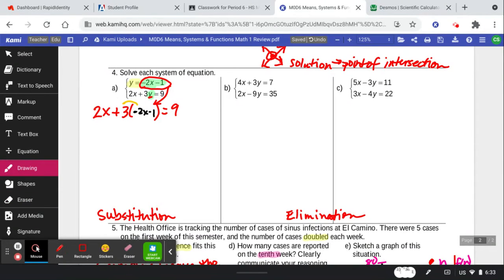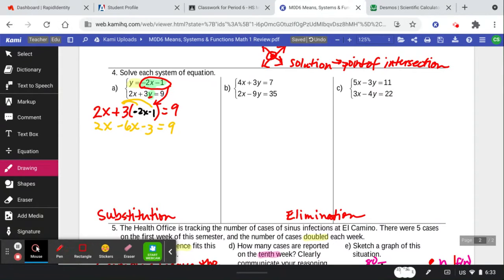So 3 times negative 2x, do you see how that would give us negative 6x? 3 times negative 1 would give us negative 3, and then leave that equals 9 and leave this 2x alone. All I did in that first step was distribute that 3 that was out front.